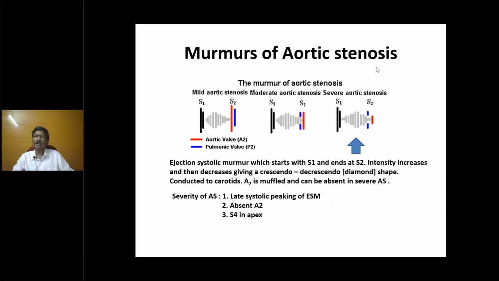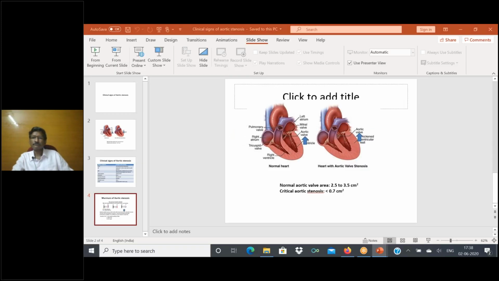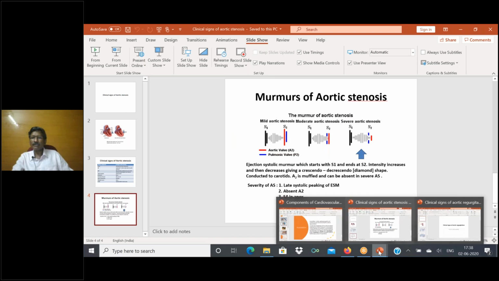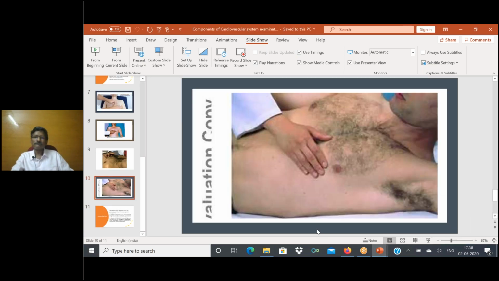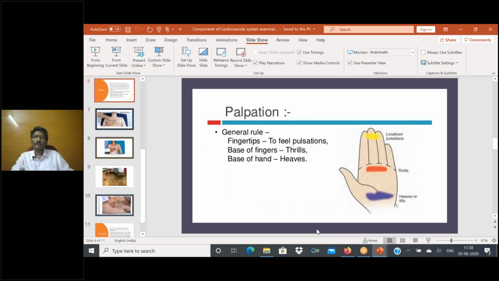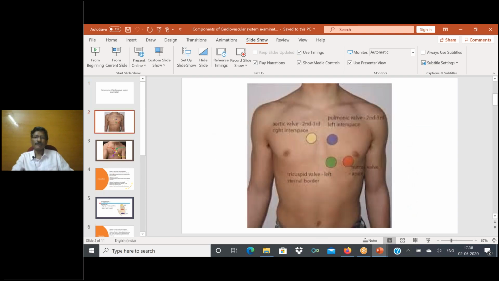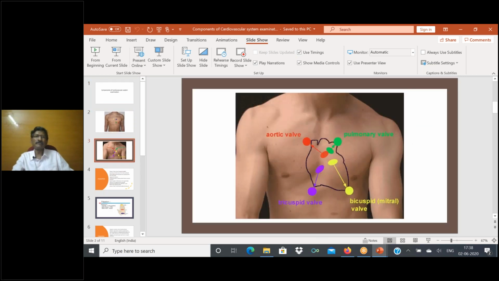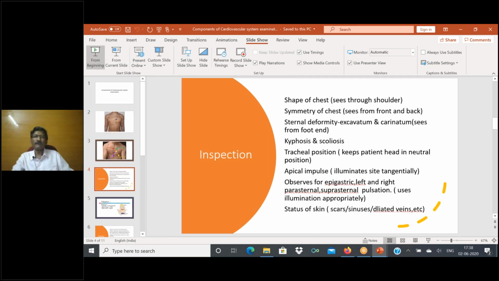Okay, so now we'll move on to the next valvular lesion, which is aortic regurgitation. In aortic regurgitation, what are the inspectory findings?